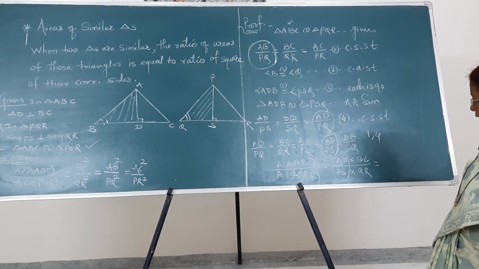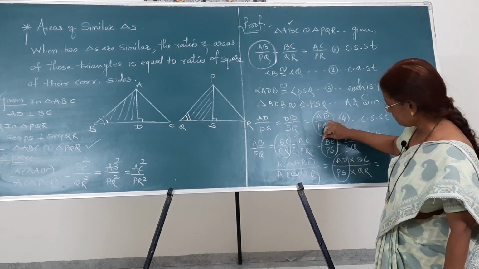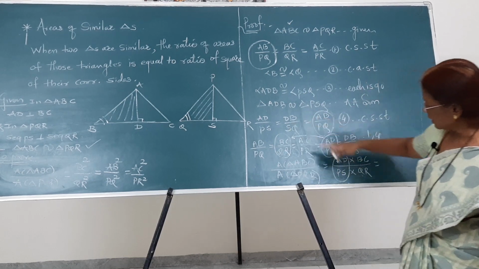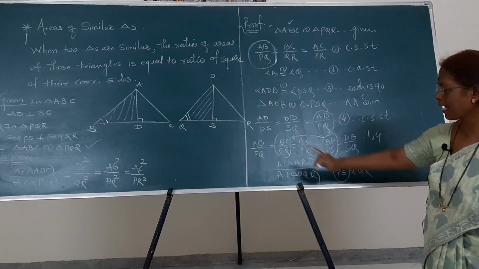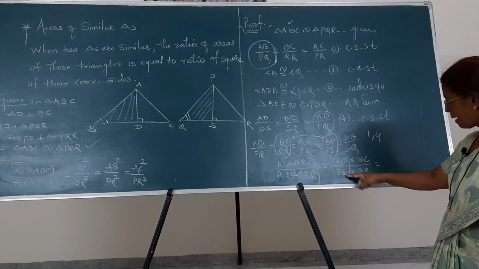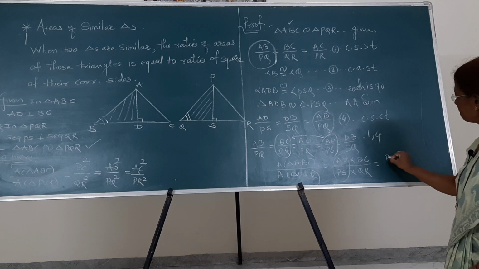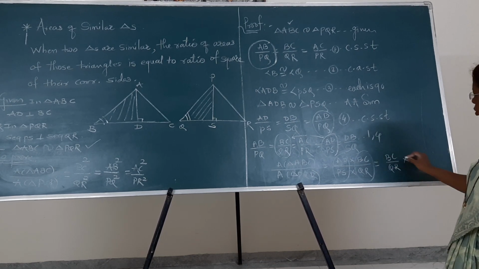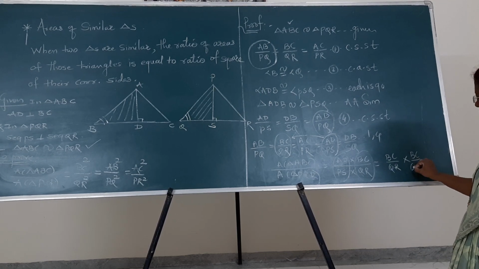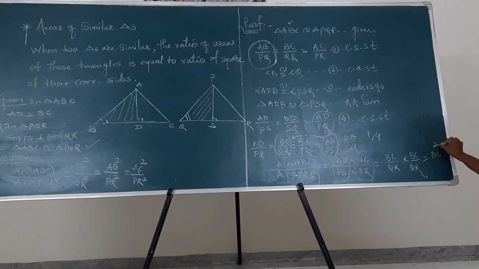AD upon PS is nothing but BC by QR. So we'll do like this. The value of AD by PS I will substitute as BC by QR. So instead of that ratio, its value will be BC by QR into the next ratio, which we keep as it is, BC by QR, and the final answer BC into BC will be BC square upon QR square.